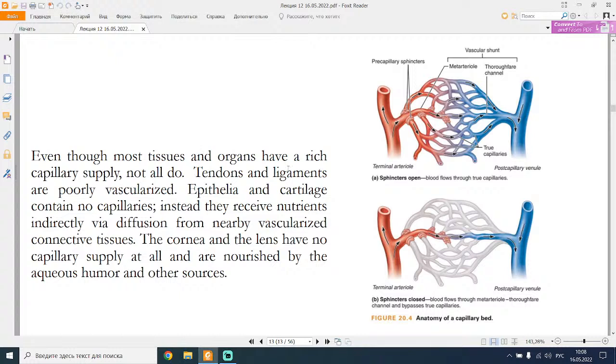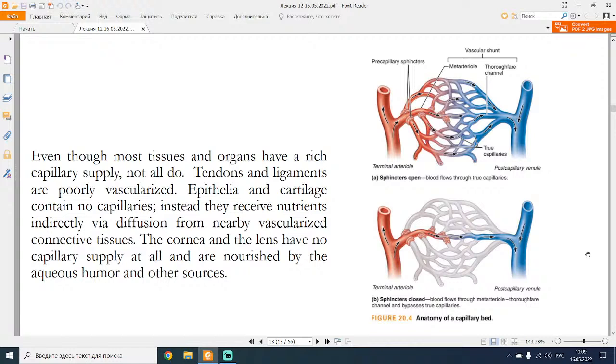Even so, most tissues and organs have a rich capillary supply. Not all do. Tendons and ligaments are poorly vascularized. Epithelia and cartilage contain no capillaries.